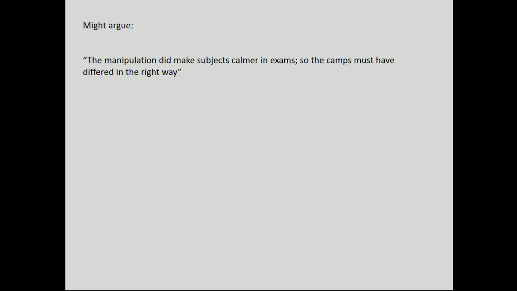Now, one thing you might argue is, well, I didn't do any manipulation check, but look, we did do the manipulation, this summer camp, boot camp we'd set up, and it did change the calmness in exams in a predicted way, so the manipulation must have worked. We got the predicted results, so although I didn't do any manipulation check or any norming or anything, the conditions must have differed in the right way. What do you think of this way of reasoning?